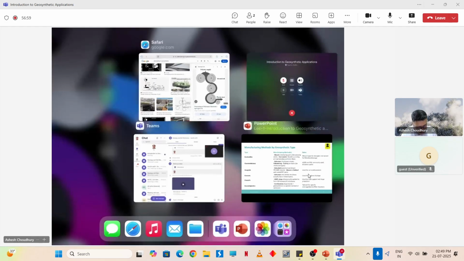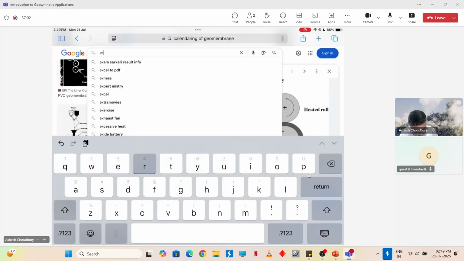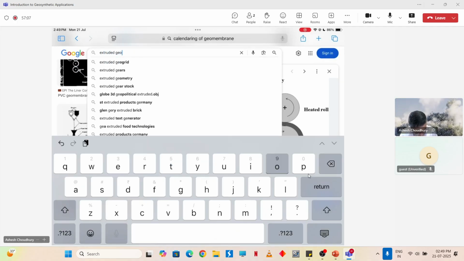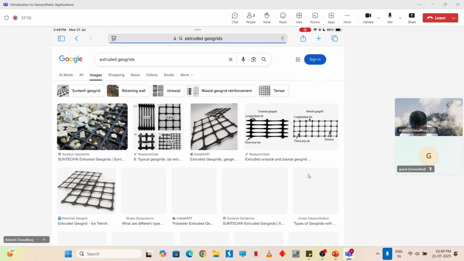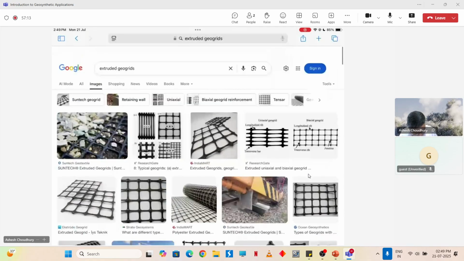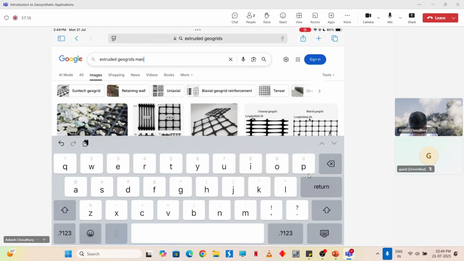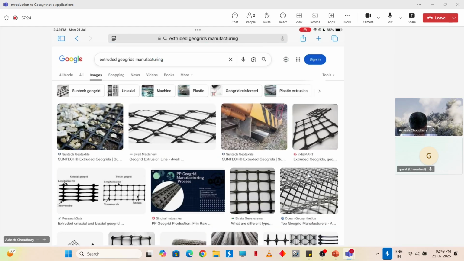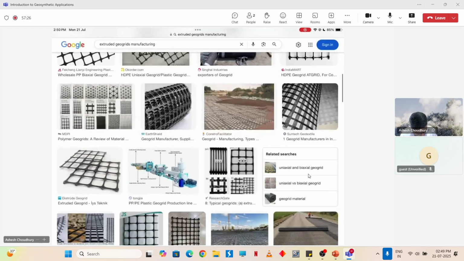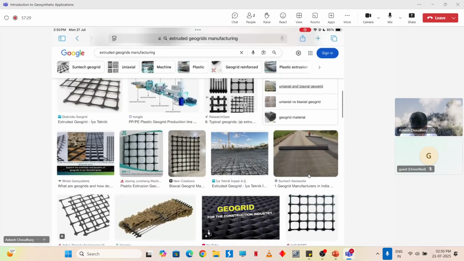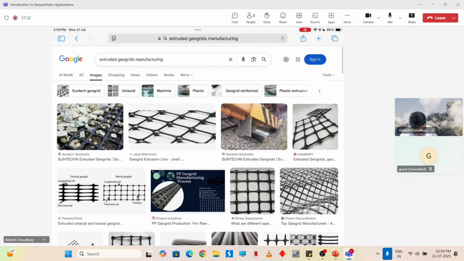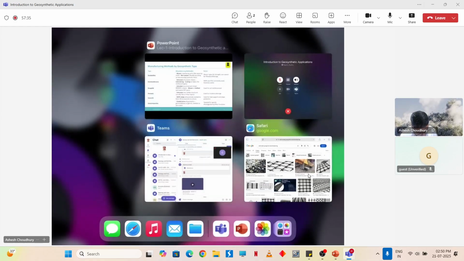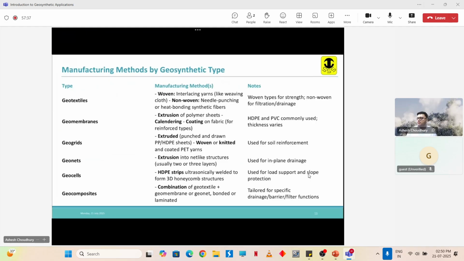You can see images here. The process images are not shown properly, but I hope you can understand. Geogrids are generally used for soil reinforcement.